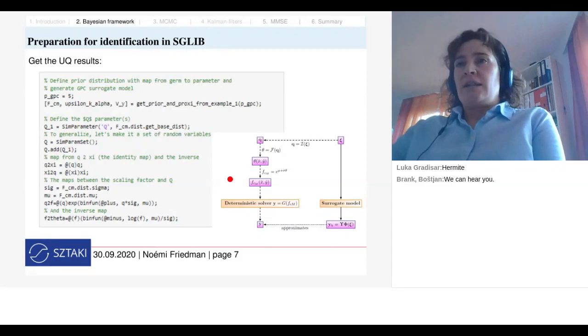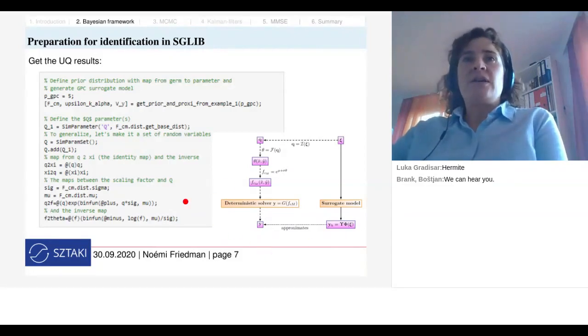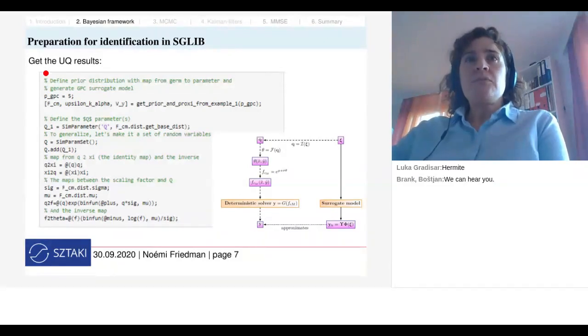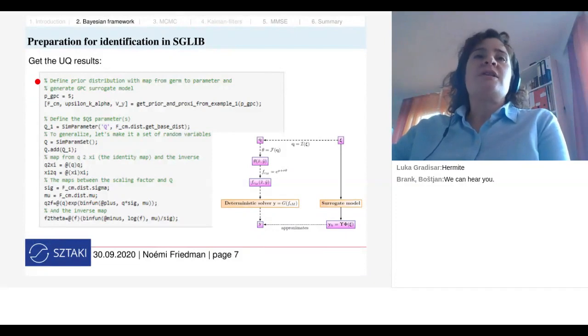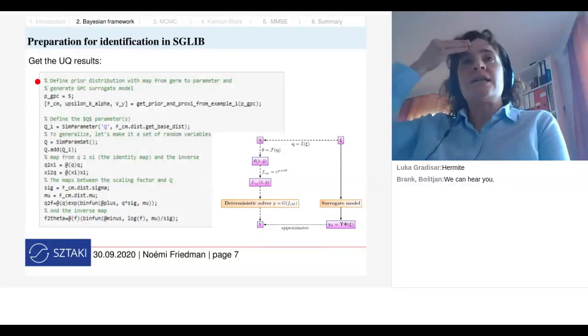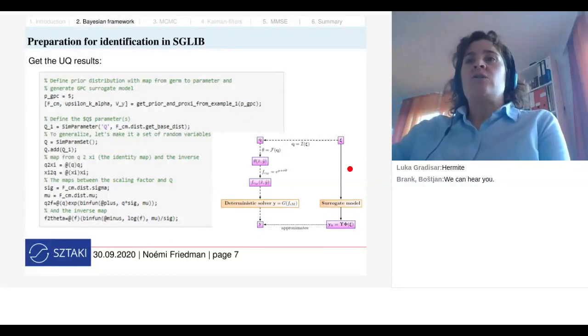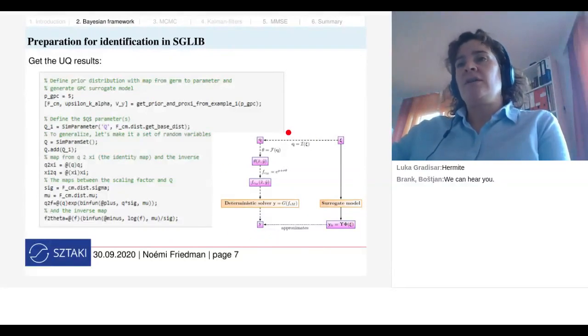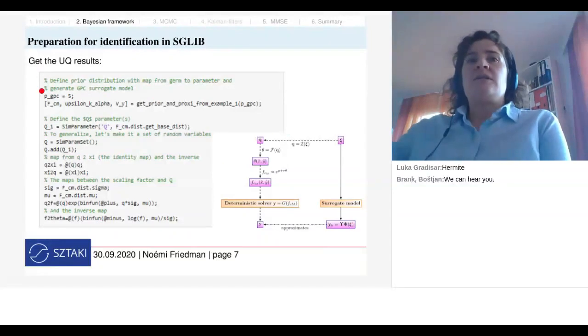And this is showing again this framework that I have, to set up the UQ results of the identification. So now I go back to our original problem of updating the scaling factor, and these are the things that will be needed for the update.